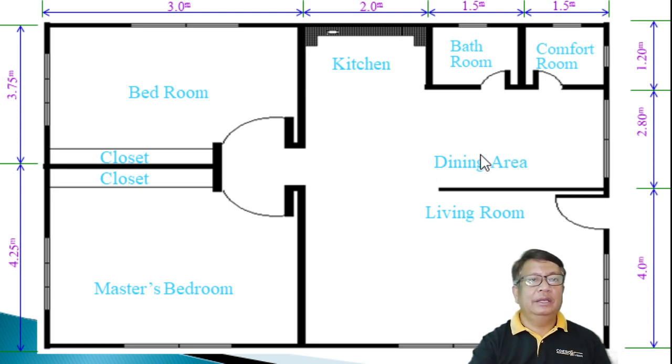So this area here is our dining area. This is the comfort room here. Okay, so this is our comfort room, and we have another room here, our bathroom. Now I decided to separate the comfort room and the bathroom because there might be a time when there are two users of these restrooms.